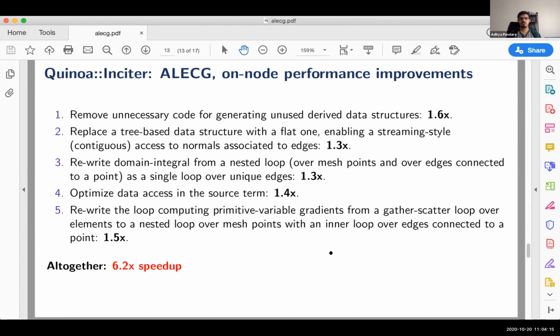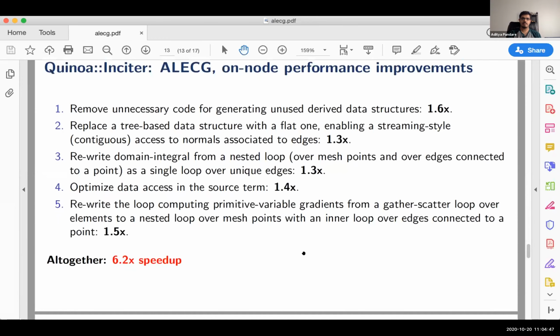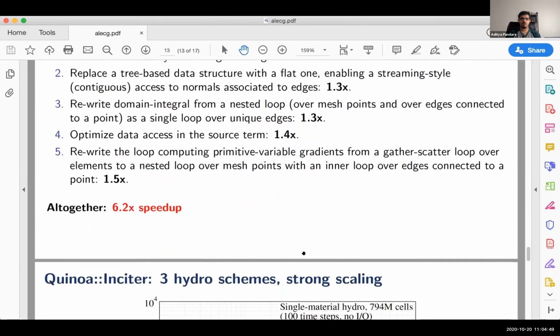And basically we changed the loop accesses from maybe node-based loops to edge-based loops, or maybe element-based loops to edge-based loops, and such. And that actually got us a lot of computation efficiency gain. And that's what this slide basically talks about.